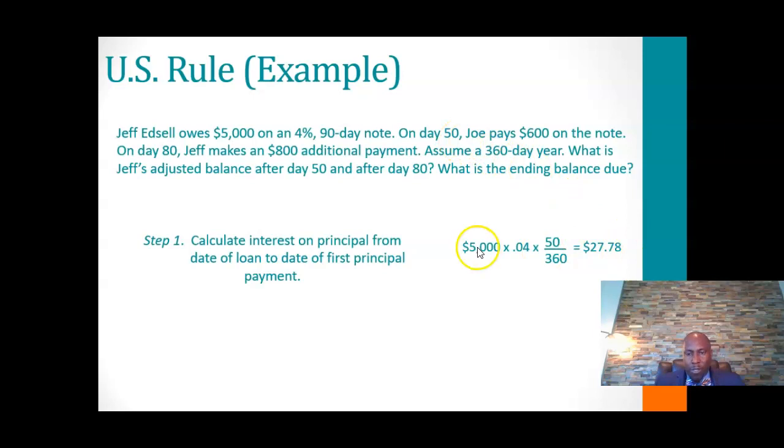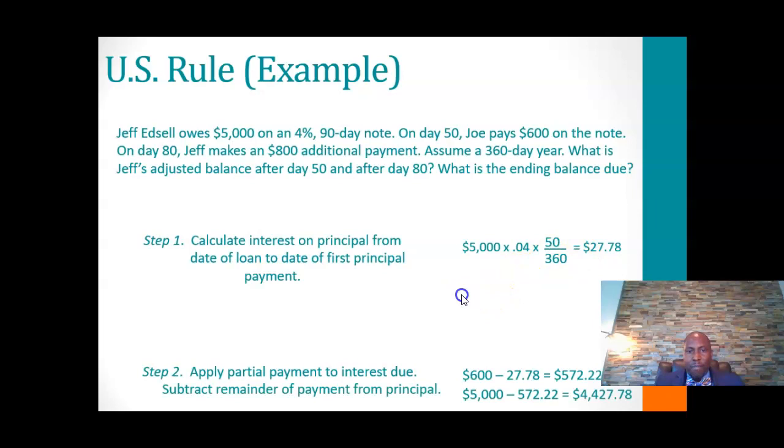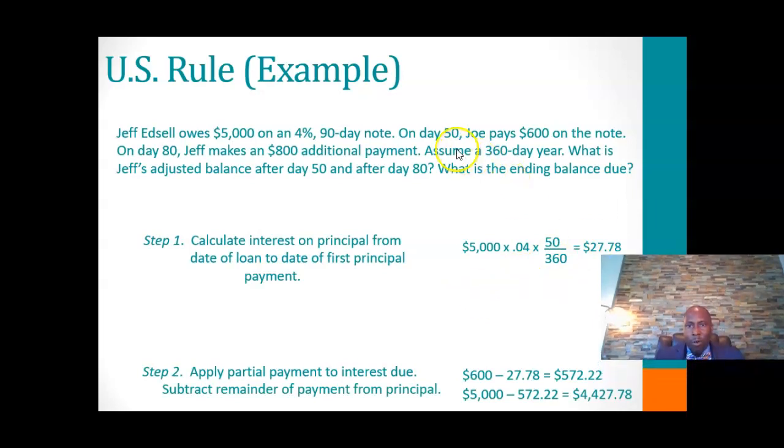So the first payment was made after day 50. Interest equals principal times rate times time. So the interest from the date of the loan until the first payment date, being 50 days, will be $27.78. So when Jeff paid the $600 on day 50, the first $27.78 of that went toward the interest amount.